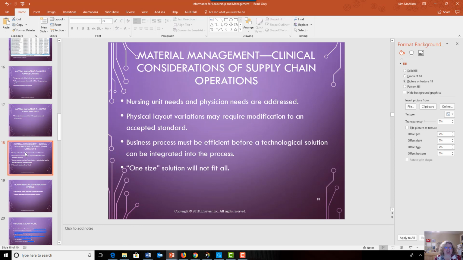Some other considerations: the nursing unit needs and the physician or provider needs have to be addressed. The physical layout of where all the supplies are may need to be changed or modified to make it accessible to everyone. You don't want it down at the end and around the corner of the hall. It needs to be someplace where it can be accessed.